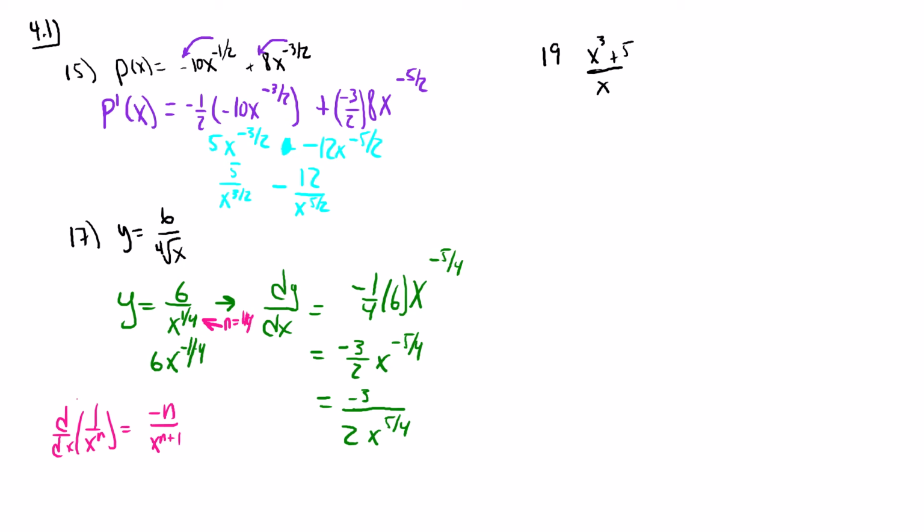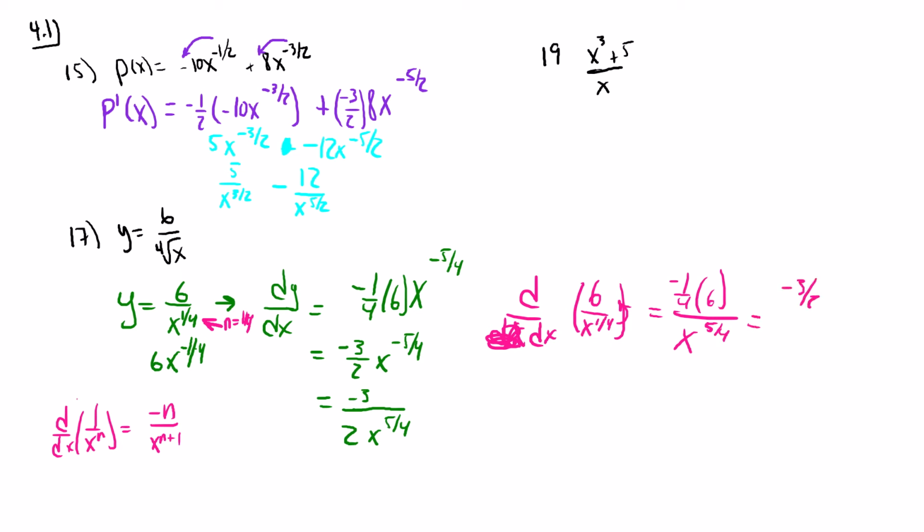So the derivative of 6 over x to the 1/4: we can bring this 1/4 up to the numerator as a negative, and we can just add 1 to the 1/4 in the denominator to get 5/4. So we'd get negative 3/2 over x to the 5/4, and that's the exact same thing as when we write it as negative 3/2 x to the negative 5/4.